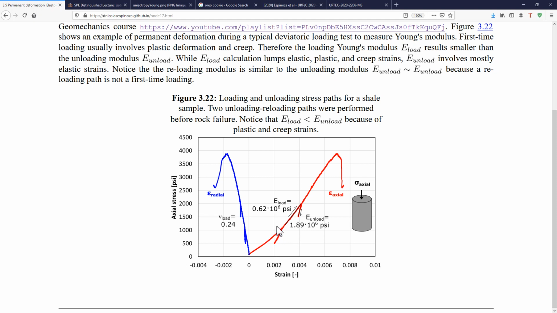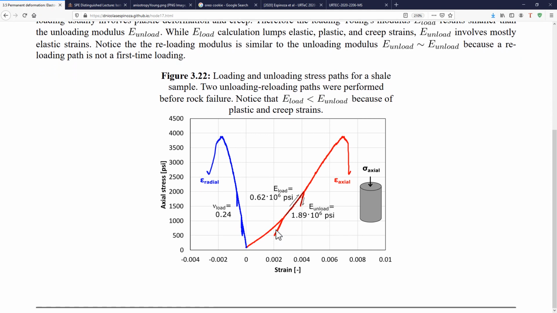If I had an elastic rock, I would cause a deformation with loading, and if it is elastic, it should come back the same way. However, this rock is not elastic, and instead of coming back the same way, it goes through a different path, which is this unloading path. And that is telling me right away that if I were to continue and decrease the axial stress, for example in this case to 0, I would have an irrecoverable strain of more or less, in this example, 1,000.